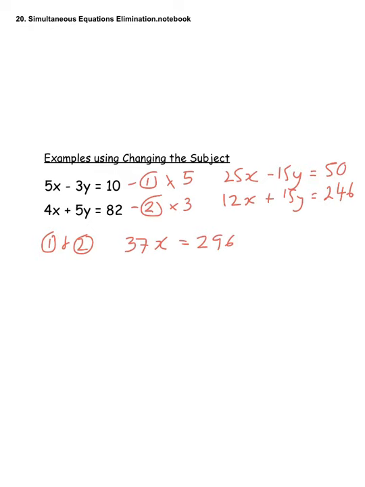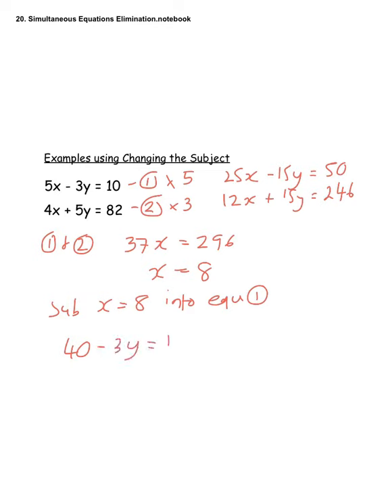If you have a calculator handy, divide 37 into 296 and you get that x is equal to 8. Okay, then we write our little sentence, sub x equal to 8 into equation 1. So into the original equation number 1, we get 5 times 8, which is 40, take away 3y is equal to 10.